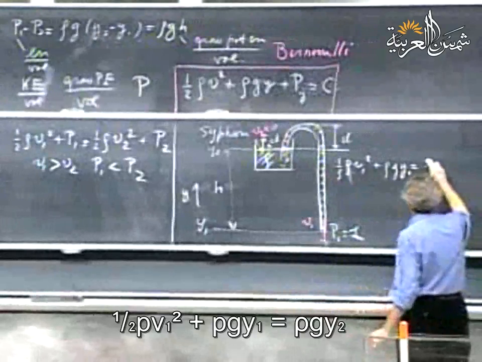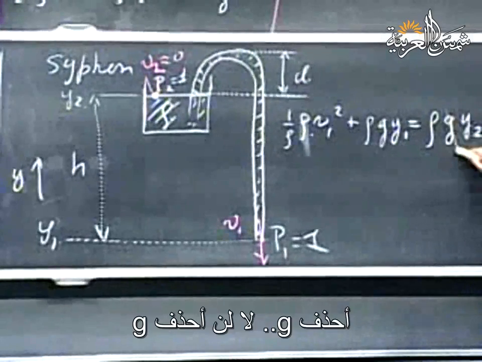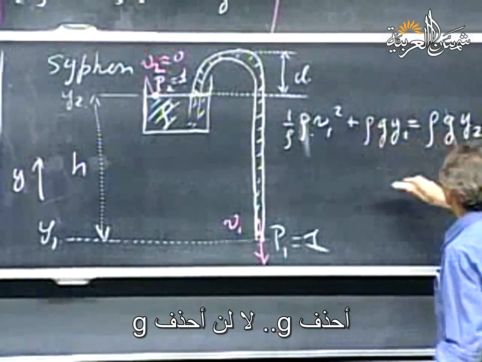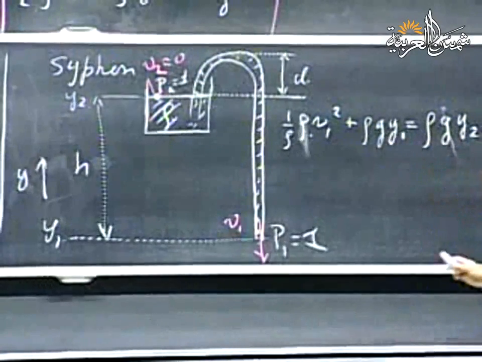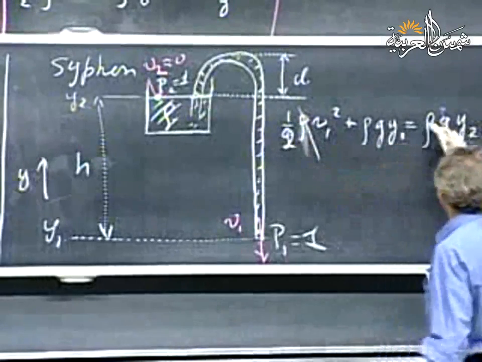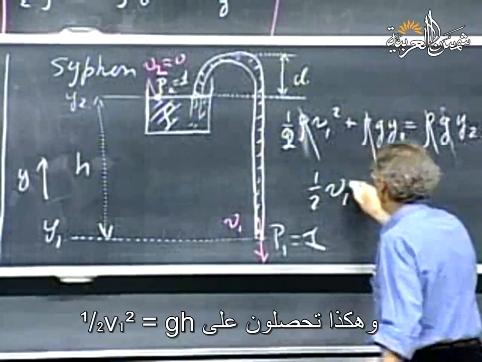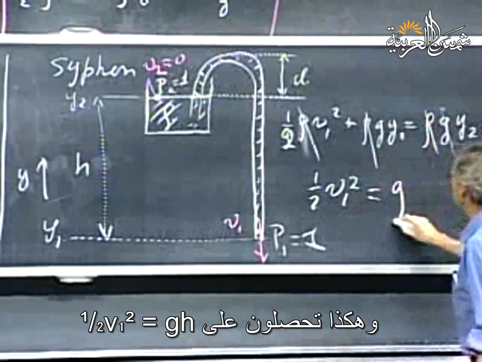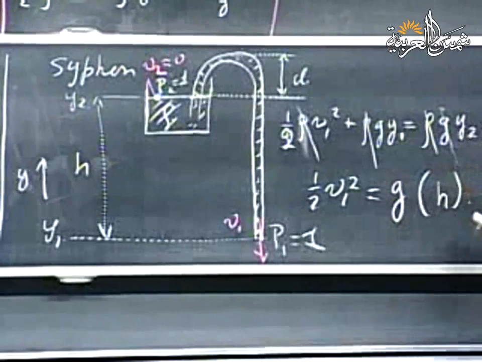So I only have rho G Y2. I lose my G's. No, I don't lose my G's. 1/2 rho V squared. No, that's fine. And so I lose my rho. And so you get that 1/2 V1 squared equals G times Y2 minus Y1, which is H.